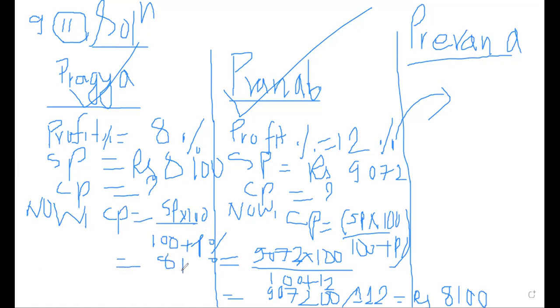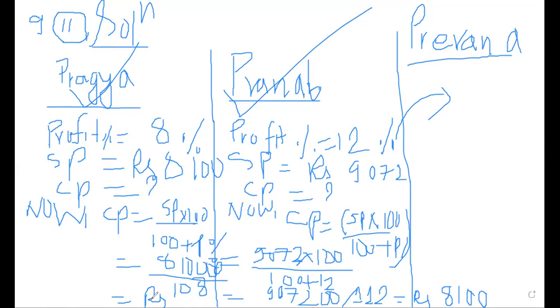Now what will be here? 8,100 multiplied with 100, then we have to add two more zeros. And down, what will be there? 100 plus 8, that will be 108. Divide by 108. Let's divide. 81 followed by four zeros divided by 108.